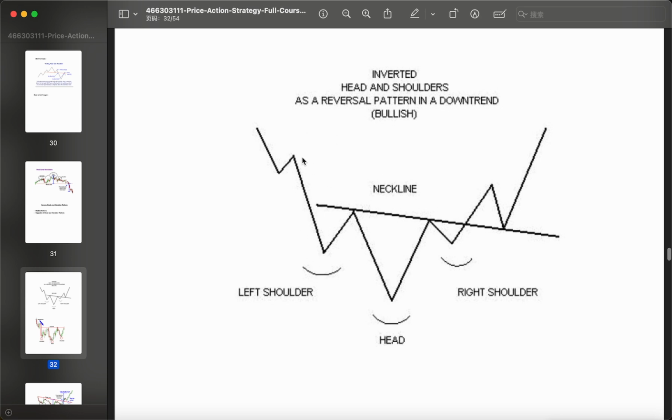The market goes massively short and then comes back to the neckline and sells again, and then comes back to the neckline and does it again. So the lowest part would be the head. At the right side, you see this neckline also crossing another upper trendline. This is the right shoulder.